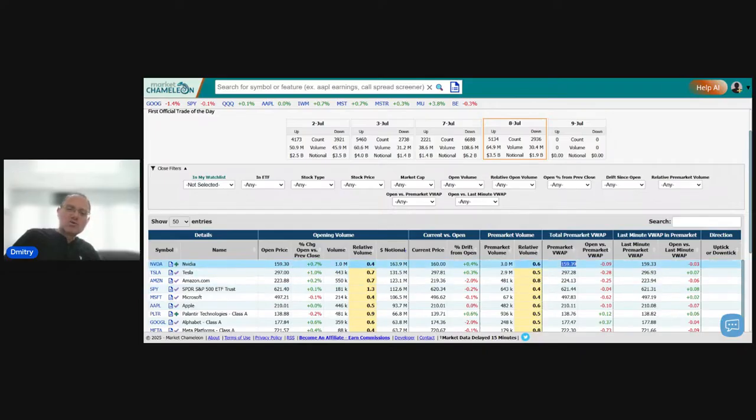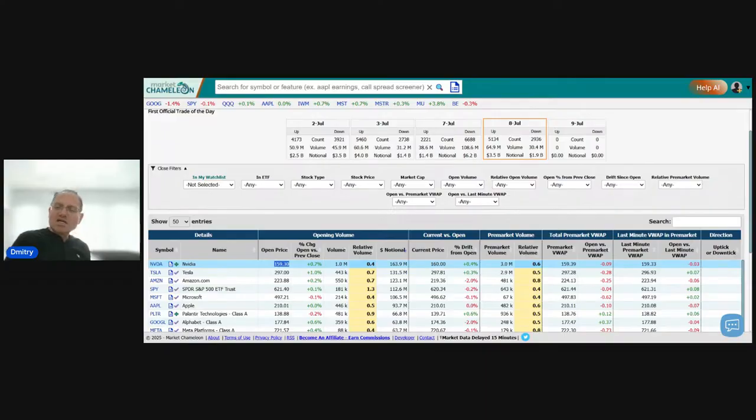So you could see that even though we opened up higher from the previous day, in the pre-market it even traded a little bit higher on the VWAP basis, 9 cents. Okay, so the opening price was a little bit lower than the VWAP, indicating people in the pre-market were even paying higher prices on average.